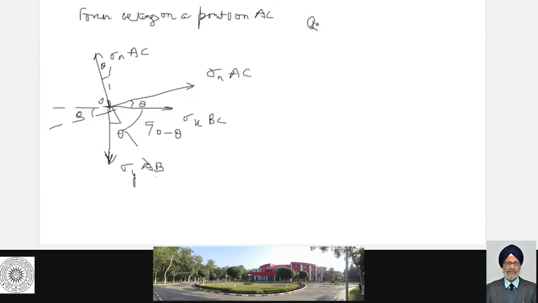Okay. So now resolve all the forces in the normal direction. So resolving along the normal direction, it will be sigma n into AC. And this will be how much? So you have to resolve all the forces along this.